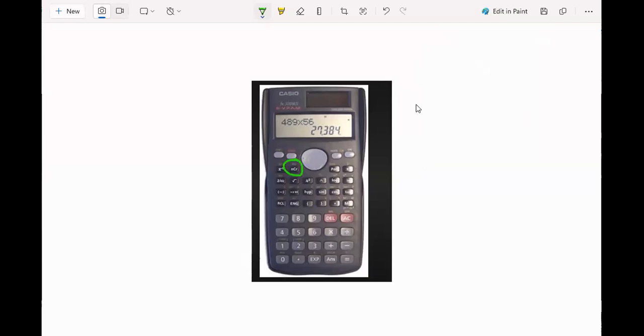So if you're asked to find 5 combination 3, you just press 5, combination, 3, equals, and it will give you 10. And if I have a Sharp calculator, I still look out for that symbol.